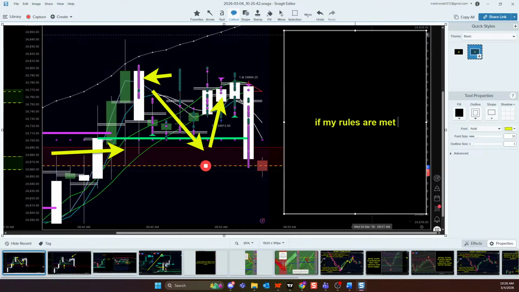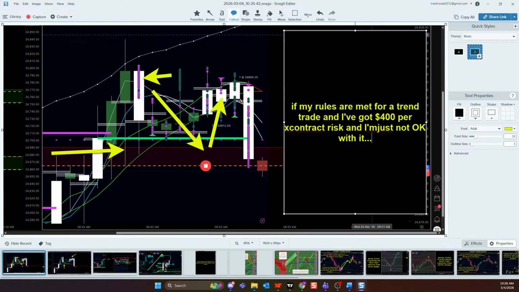If my rules are met for a trend trade, and I've got $400 per contract risk, and I'm just not okay with it, I don't have to take it.